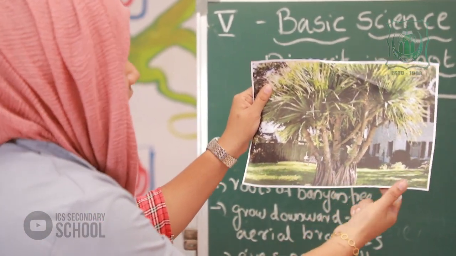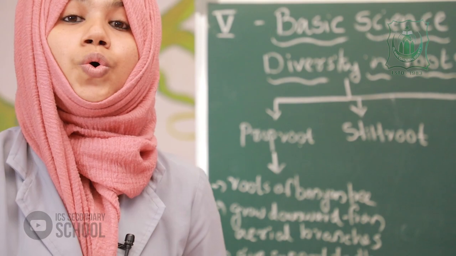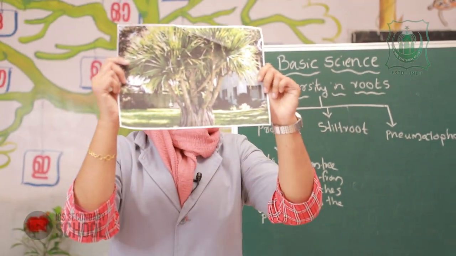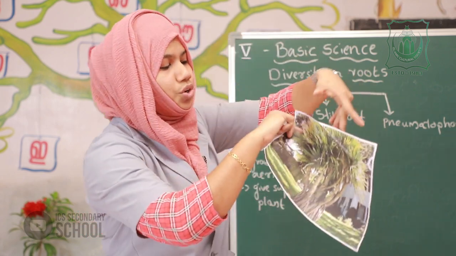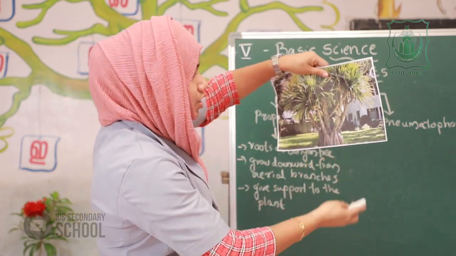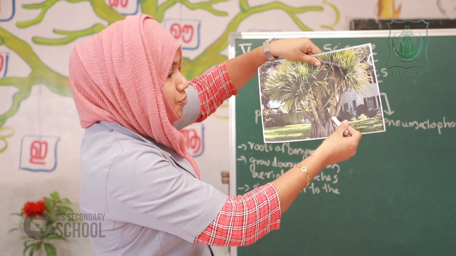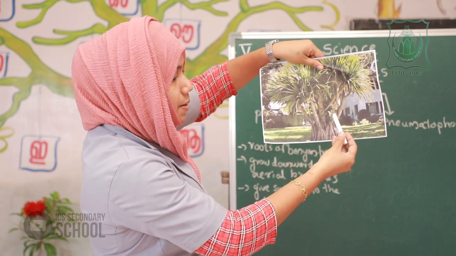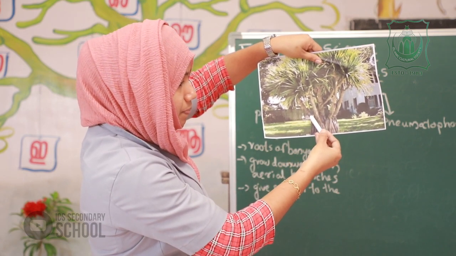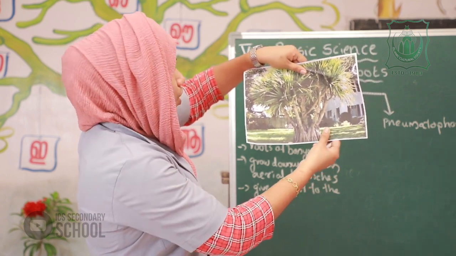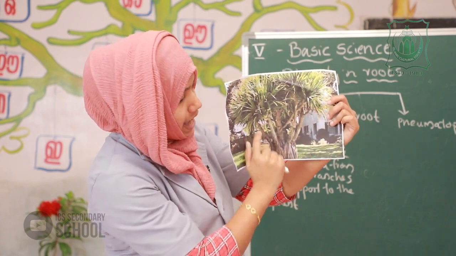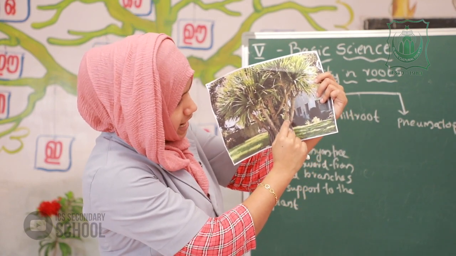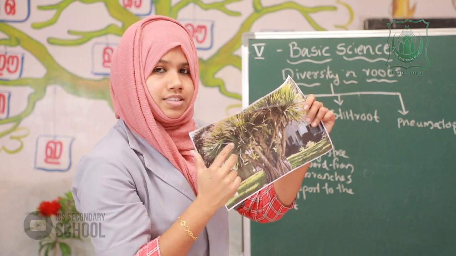So stilt roots are the roots of screw pine, commonly known as kaida. The roots of screw pine grow downward from the stem. This is the stem. It grows downward from the stem.